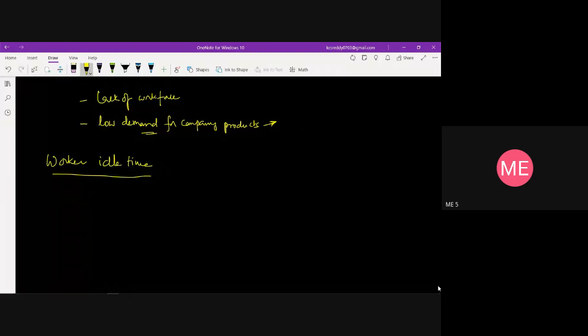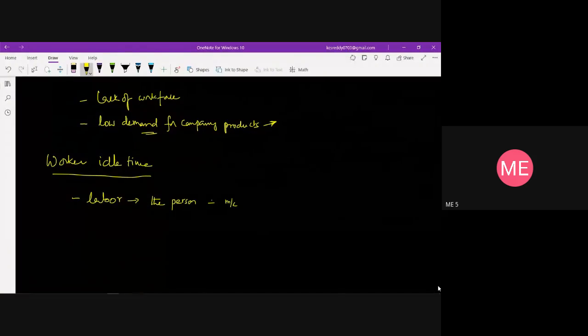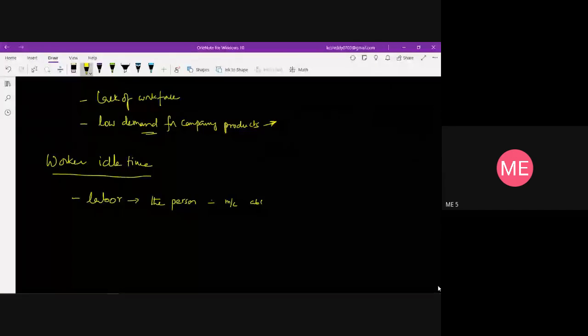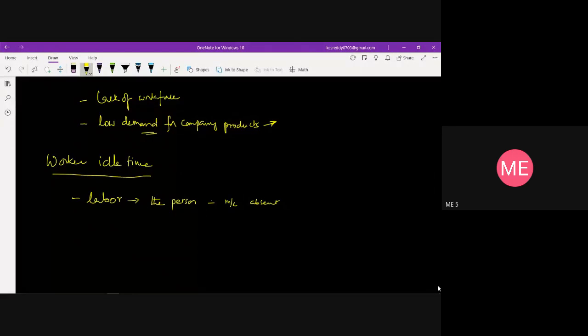Here the worker means the laborers. If the person who is meant to work on a particular machine is absent, the machine will be kept idle. Strikes are also one of the reasons, so that the laborers cannot work on the machines.